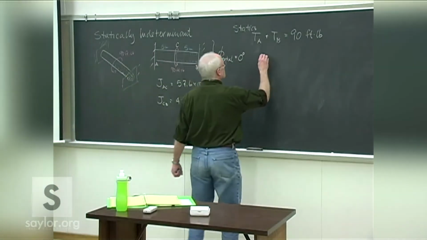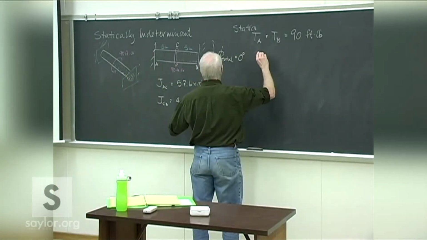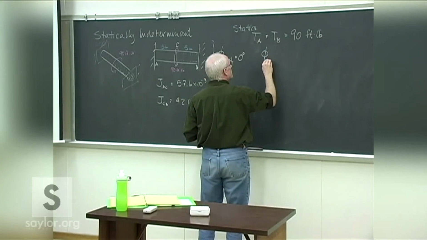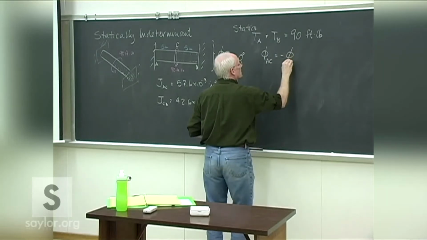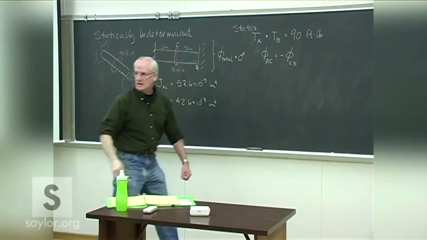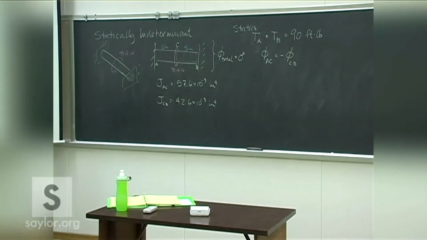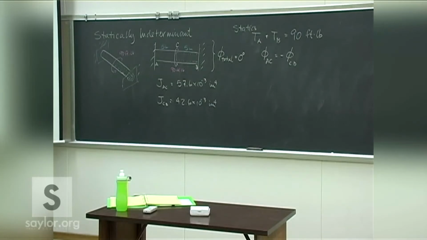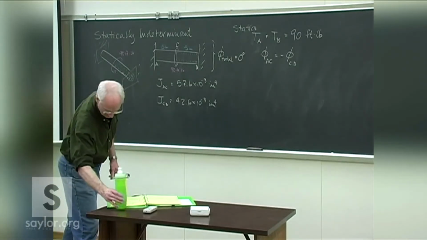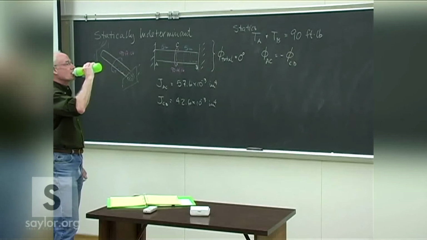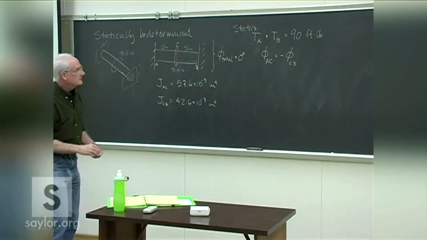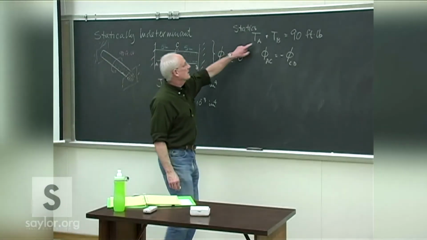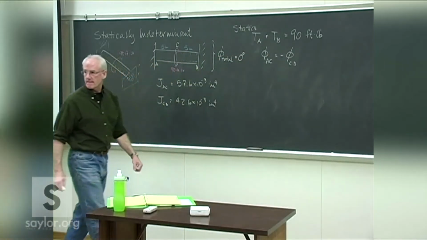So we need then to add to it the deflection part, that the deflection between A and C must be equal and opposite to that between C and D. So the total deflection end to end is 0 because of the two rigid supports. So that then allows us to determine just how much is at each one of the ends.